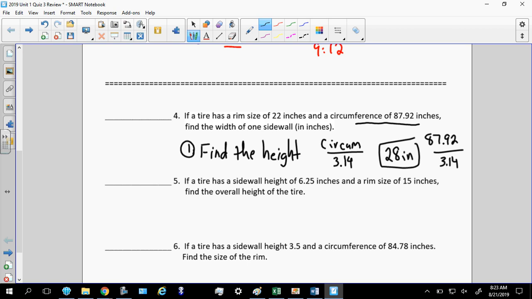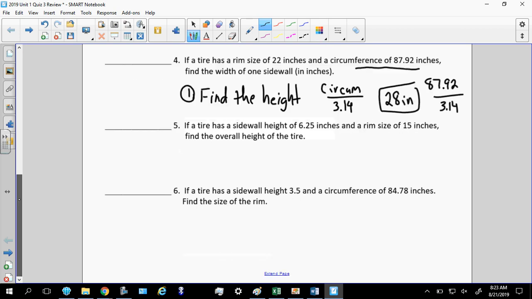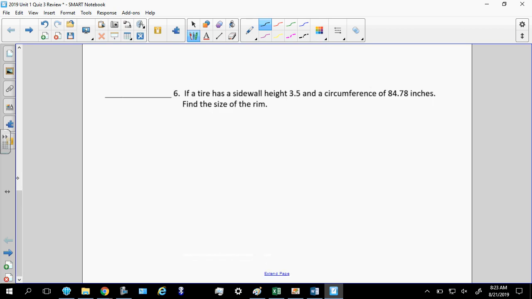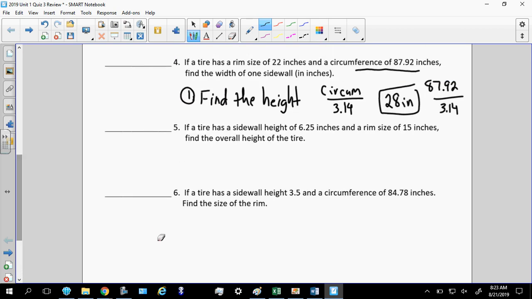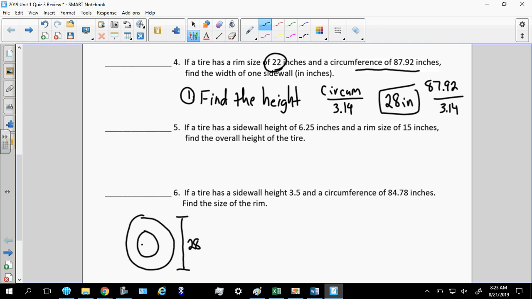All right, now I need some room to write. Remember, visualize the problem here. So I'm just going to write down here. Draw a donut. All right, now of course when I say donut, I mean tire. And what this does, it allows me to see everything. All right, so I have 28 inches in height, and the rim size is 22.